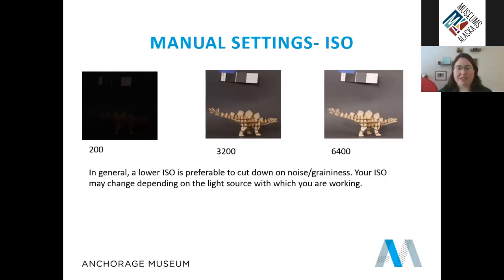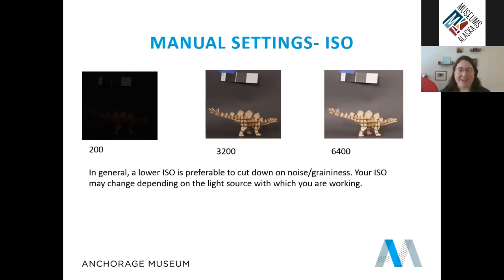However, the ISO's main job is receiving light and being sensitive to light, so I think it is the most affected by your light source. When I was working with just the overhead lights, continuous light in storage, this is how it turned out. Depending on what type of setup and lights you're working with, that's going to change.